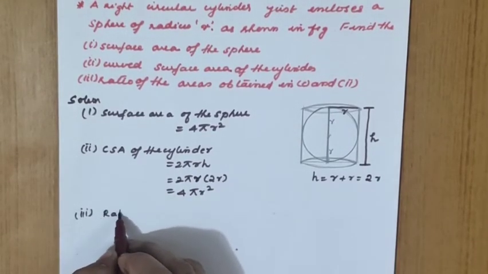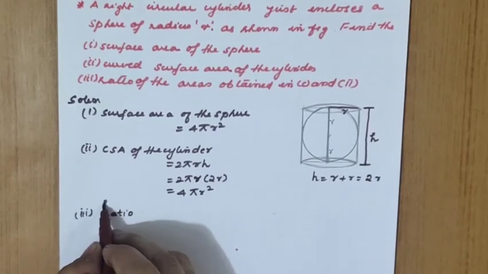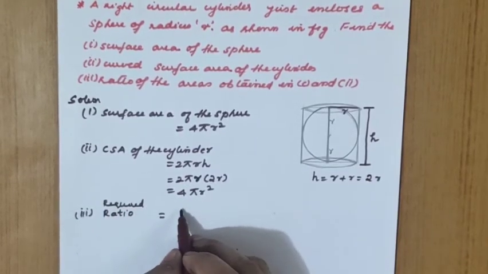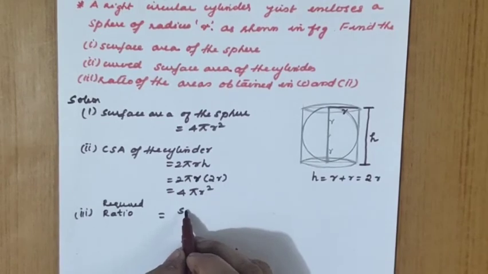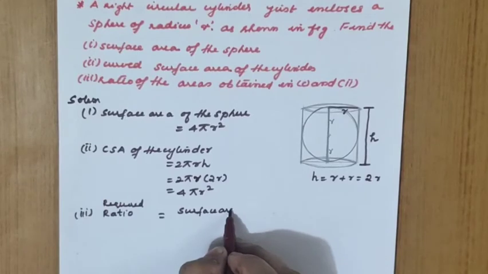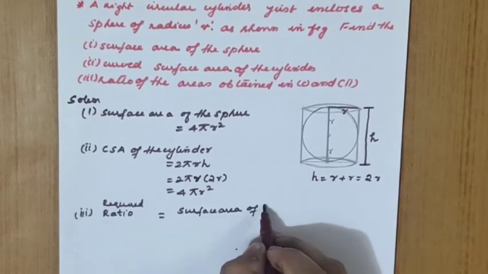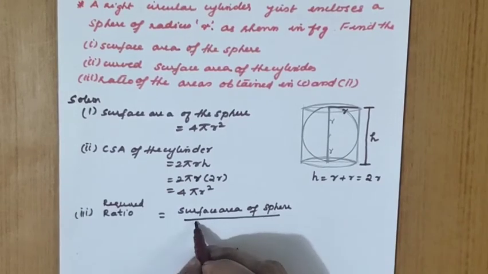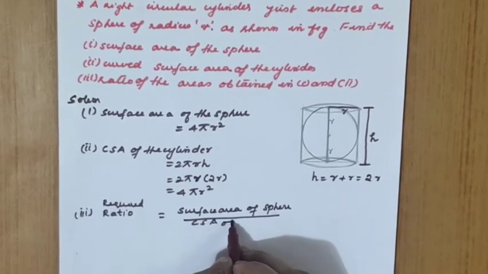So the required ratio is equal to the surface area of the sphere divided by the CSA of the cylinder.